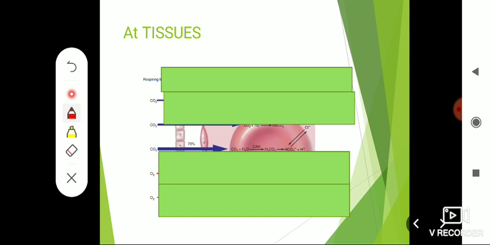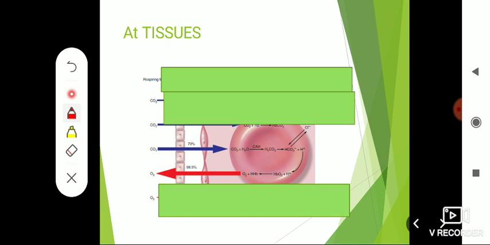At tissues, what happens now? So here I have given it in this format. H ions will combine with HbO2. So oxygen is released and H ions combine with this hemoglobin.